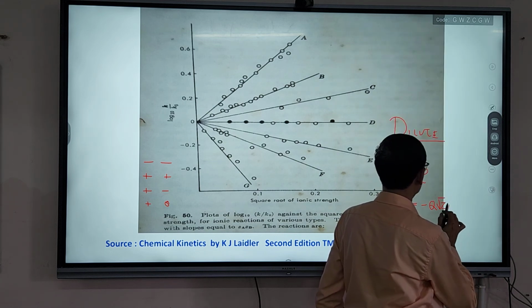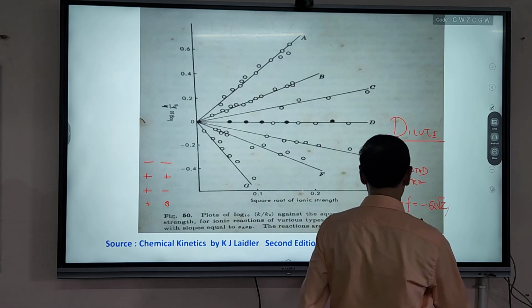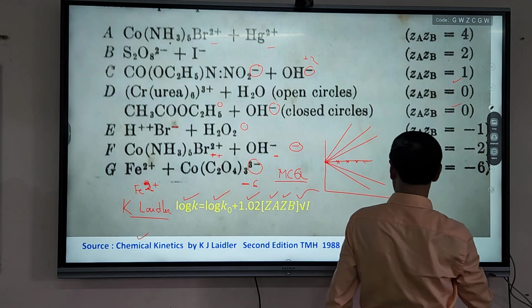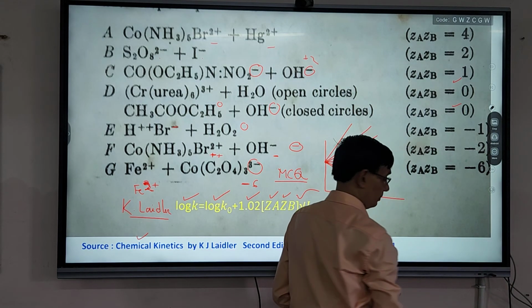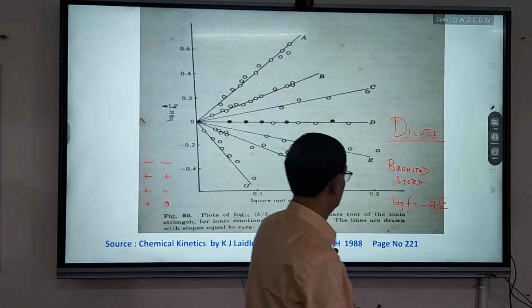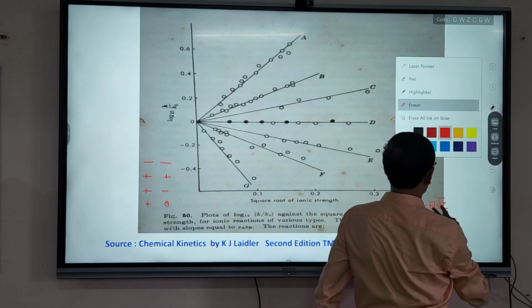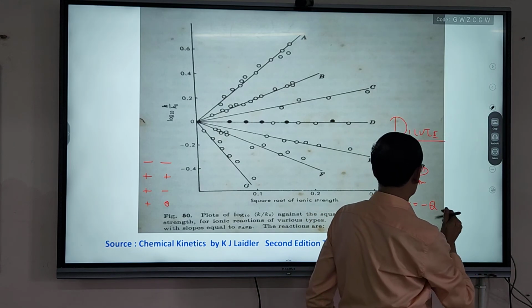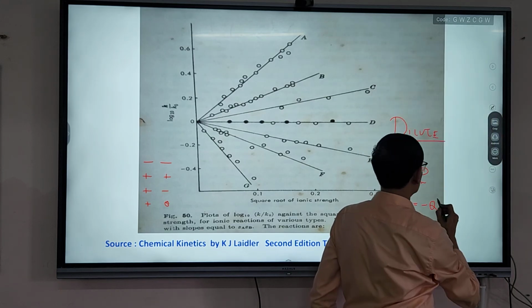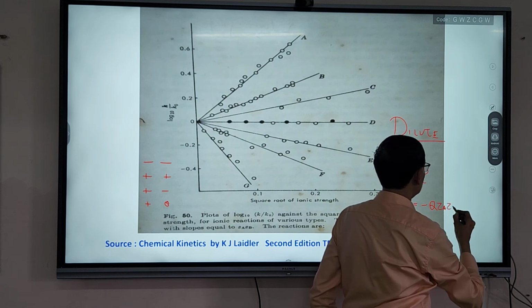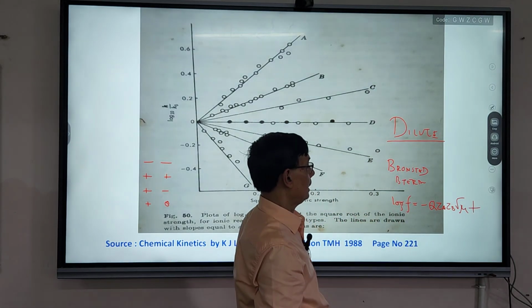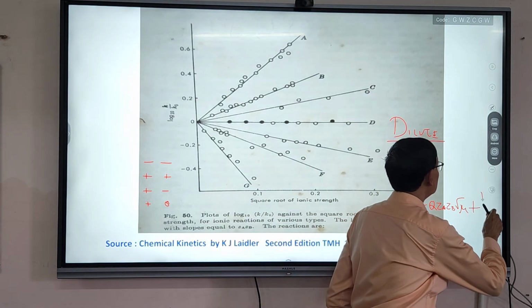ZA ZB under root of mu plus one additional term, that is called the B mu.